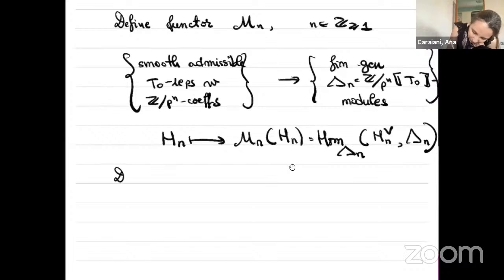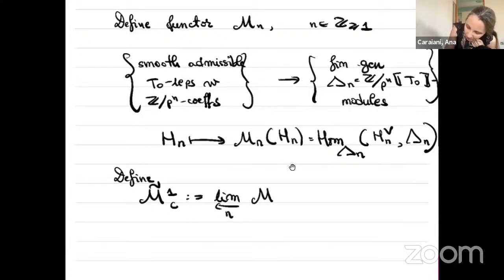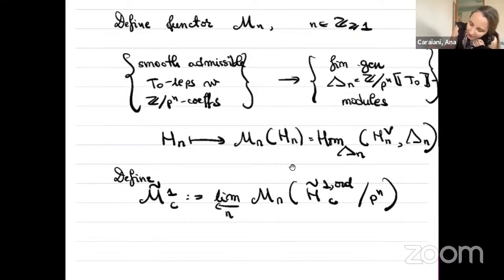And so I'm going to define M1C tilde to be the inverse limit with respect to n of Mn of ordinary completed cohomology with compact support, but reduced mod p to the n. Then it's an object in this category. I can apply this functor, and then I take the inverse limit. And this is the one that will be a finite projective lambda module.